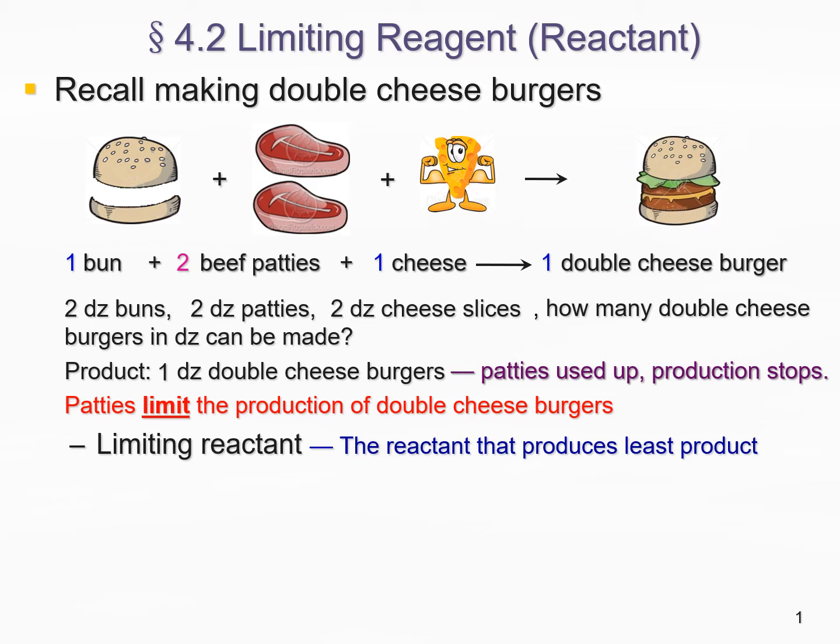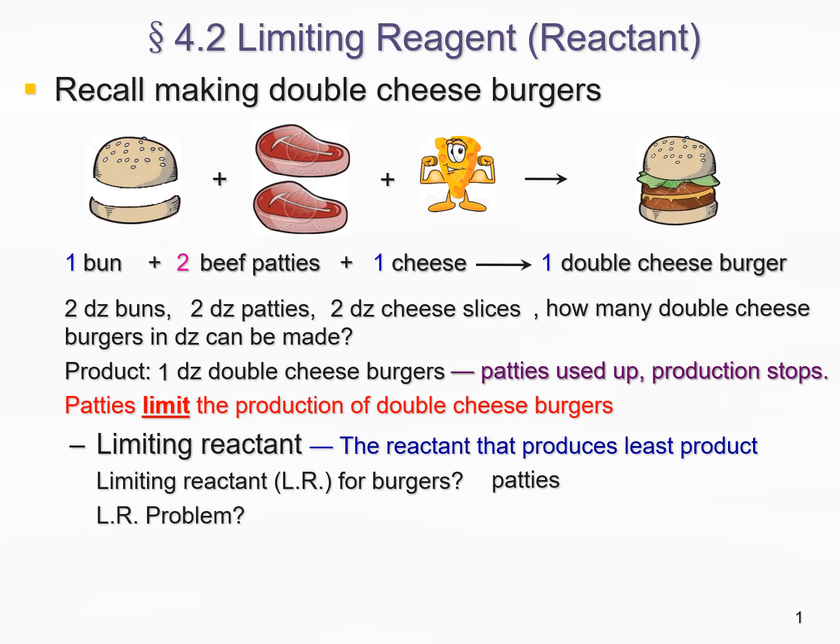In other words, this is the reactant that makes the least amount of product. So in our example, obviously, patties become the limiting reactant. But here's the thing. How do we realize that a stoichiometric question is also a limiting reactant problem?